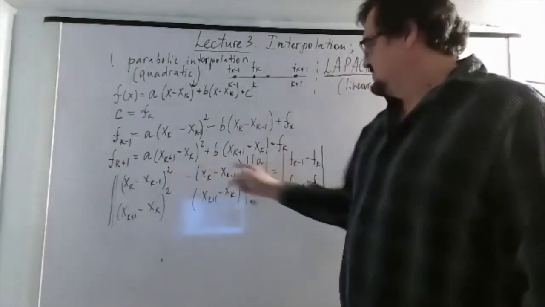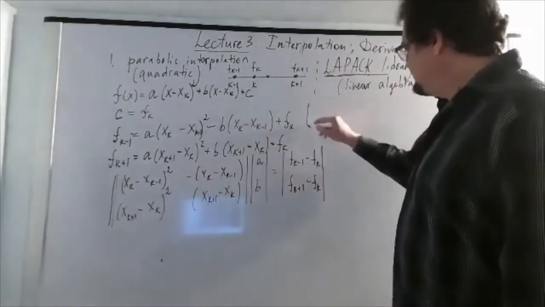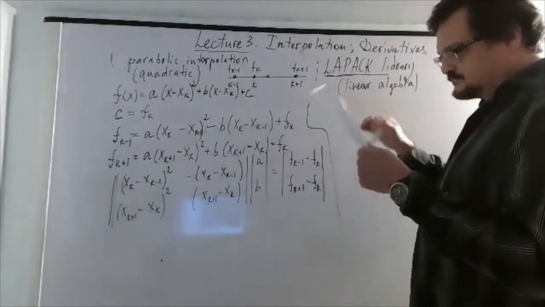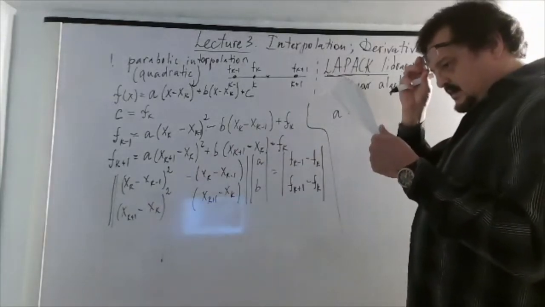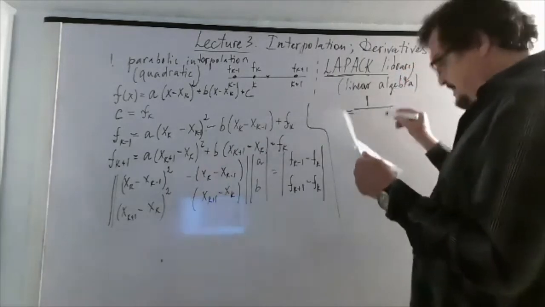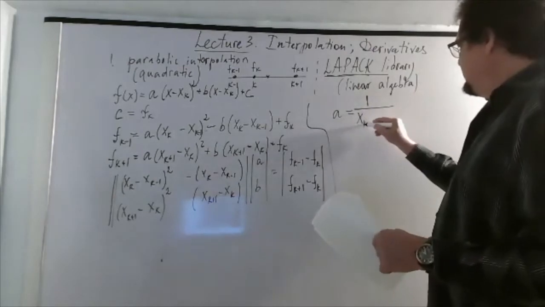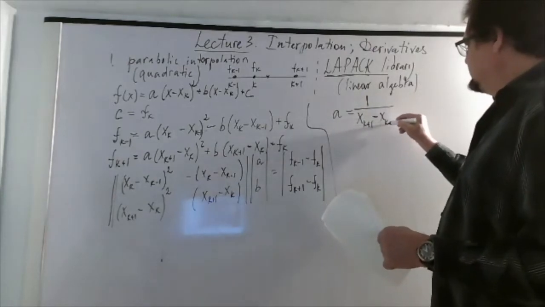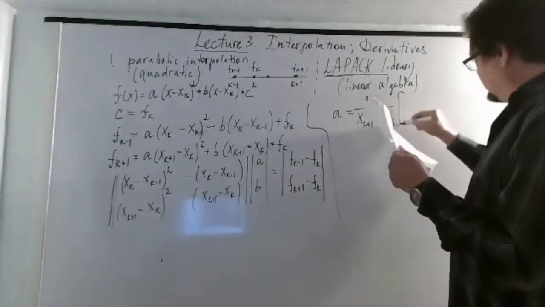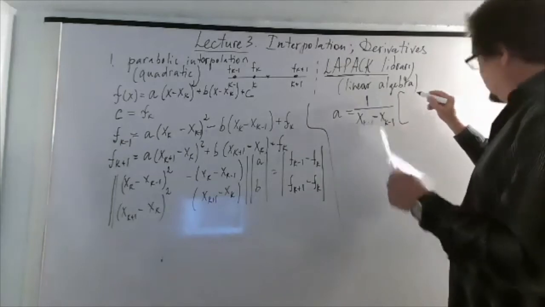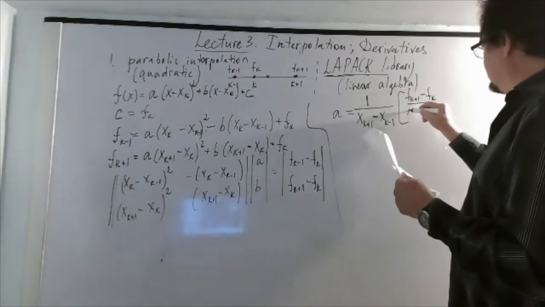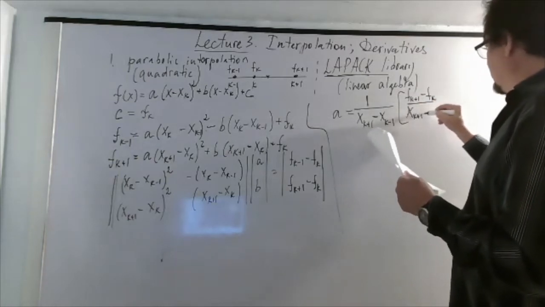But if you solve it by hand, you will get the following result, that A equals 1 over x_{k+1} minus x_{k-1}, and here you have (f_{k+1} minus f_k) divided by (x_{k+1} minus x_k).